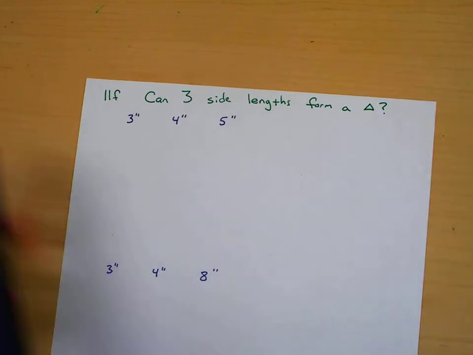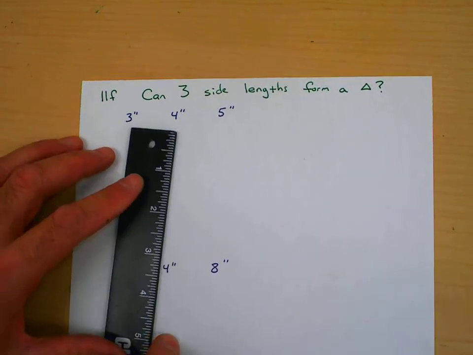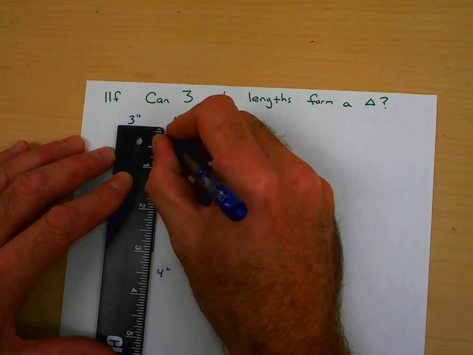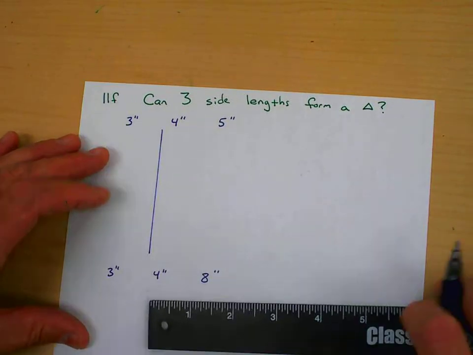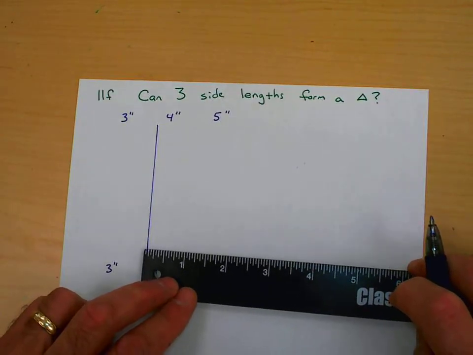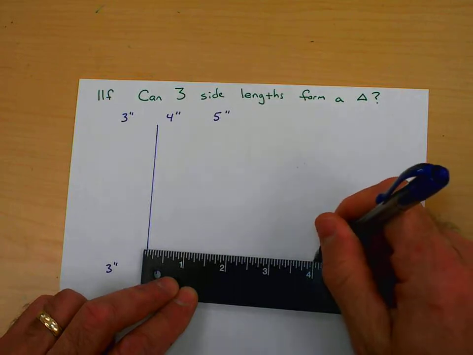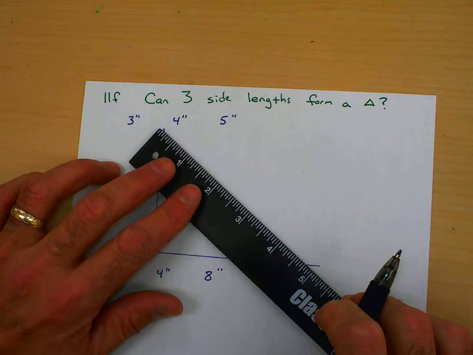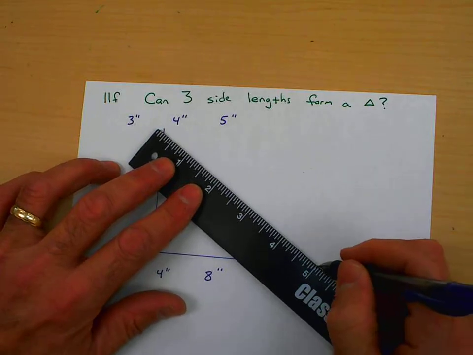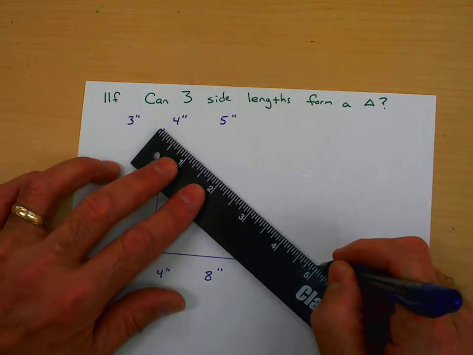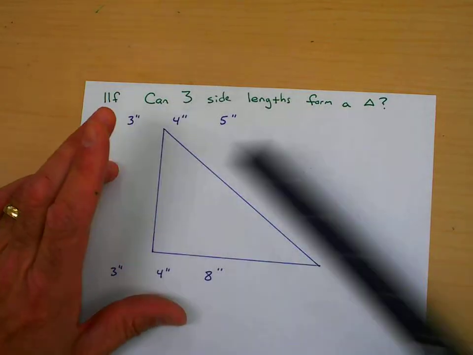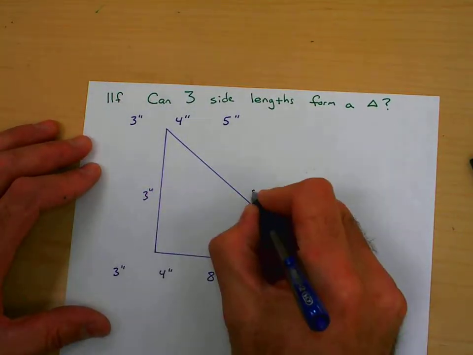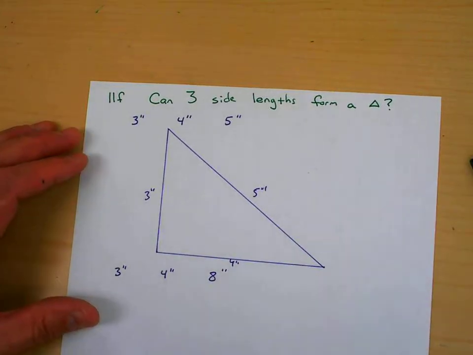11F asks, can three sides form a triangle? Well, if you have a 3-inch side and you connect that to a 4-inch side, it turns out that yes, 5 inches can make up that third side, and you end up with 3 inches, 4 inches, and 5 inches, and it successfully did that.